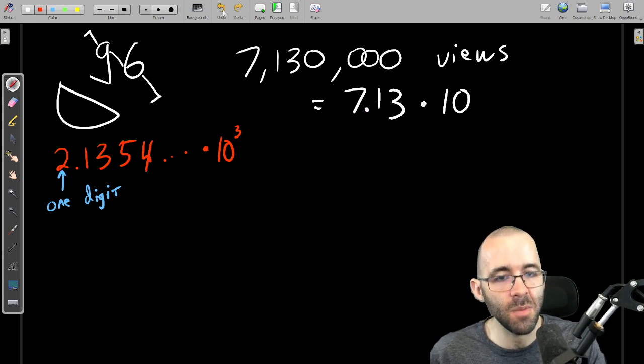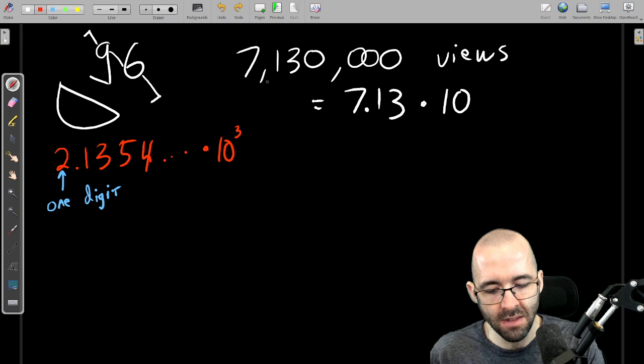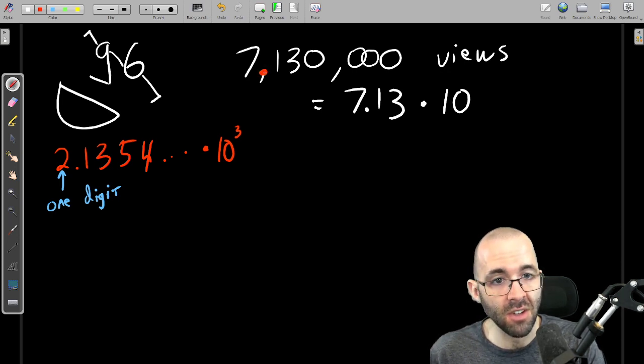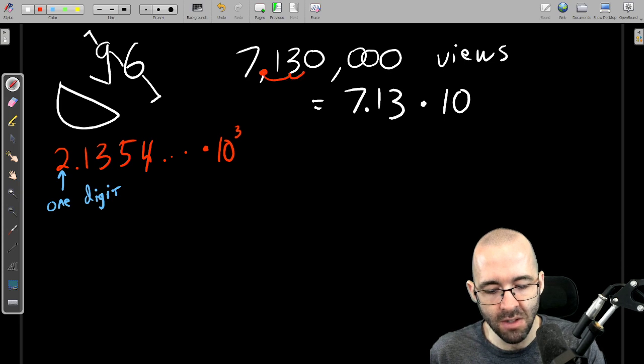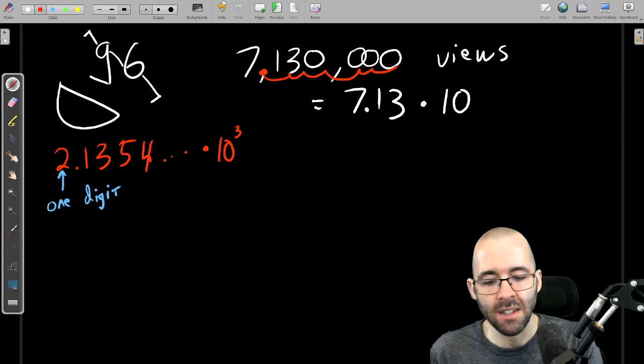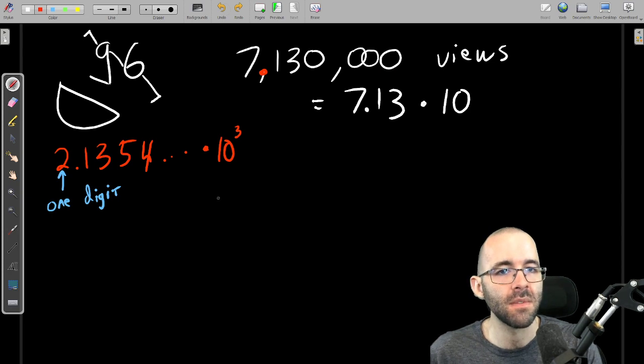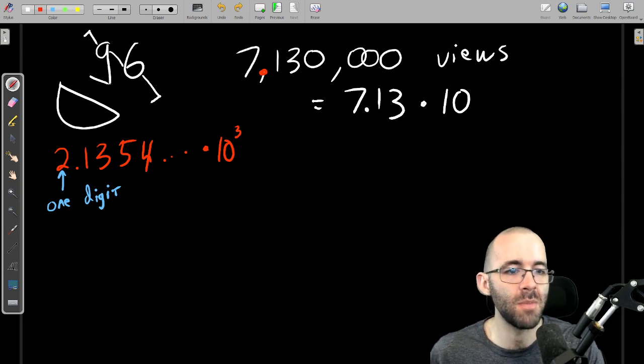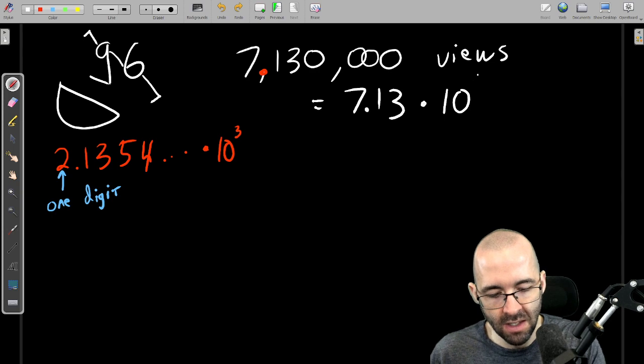How many times do we have to move that decimal place? If it starts here, we'd have to move it 1, 2, 3, 4, 5, 6 places. 7 million. Million's going to move it 6. So this is going to be our answer here.